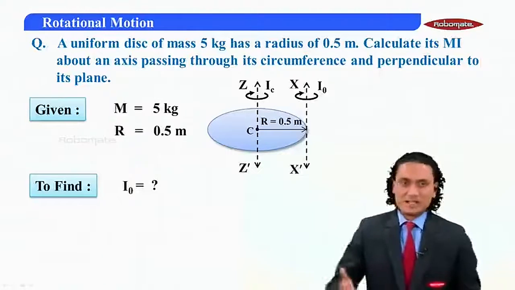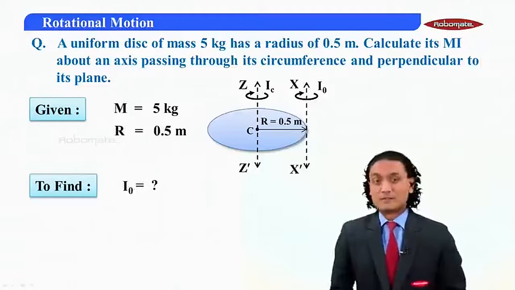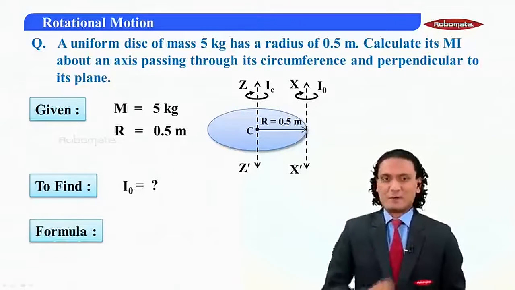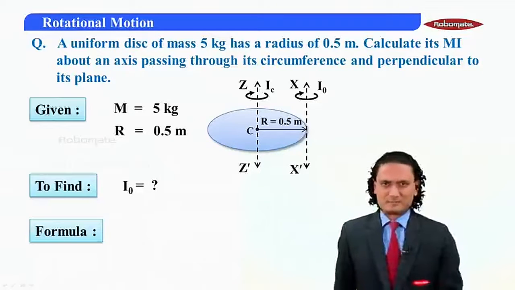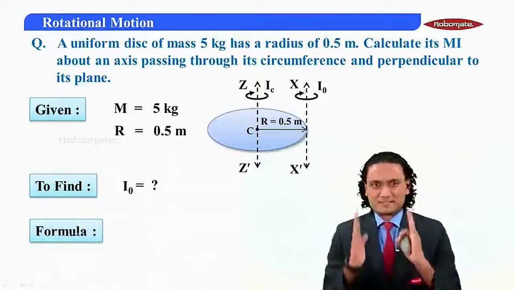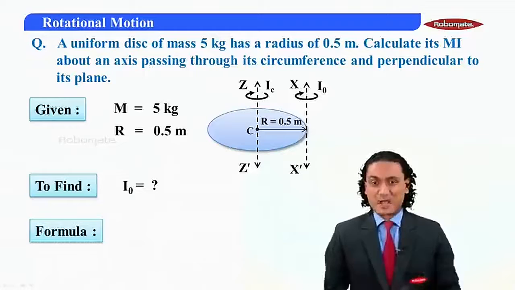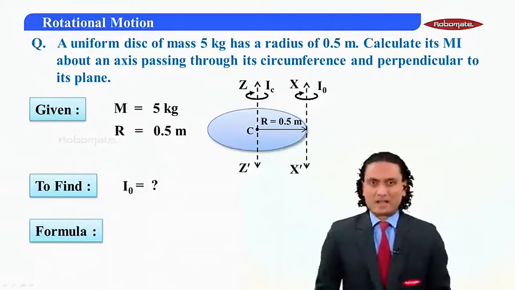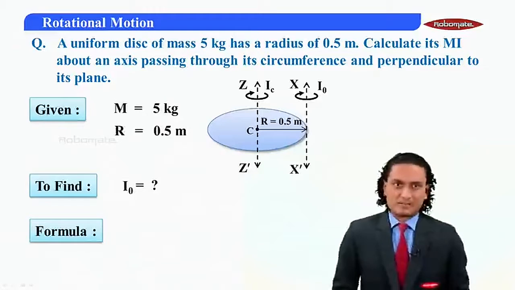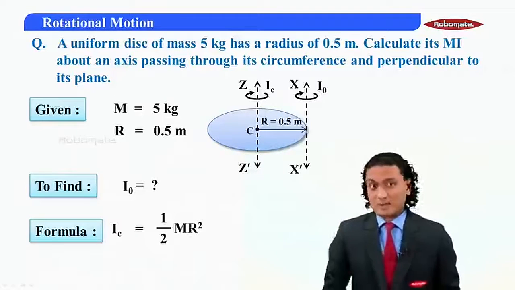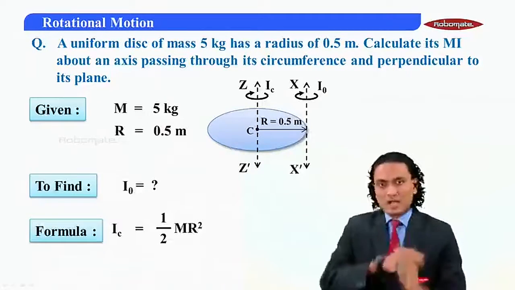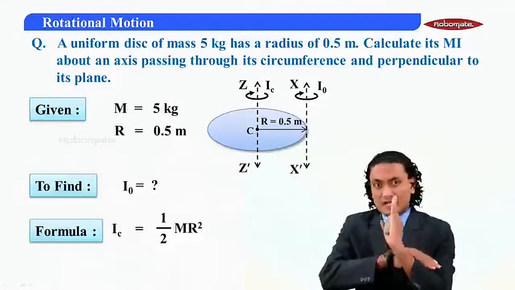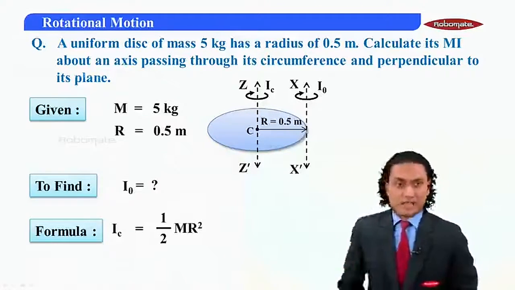Okay students. Next step is your favorite one, formulas. Which formula can I use here? See the diagram. Two parallel axes. So I can go for the parallel axis theorem. Now hold on. Before applying the parallel axis theorem, I know what is IC. IC is mr square by 2, moment of inertia of a disc about an axis passing through its center and perpendicular to its plane is mr square by 2.